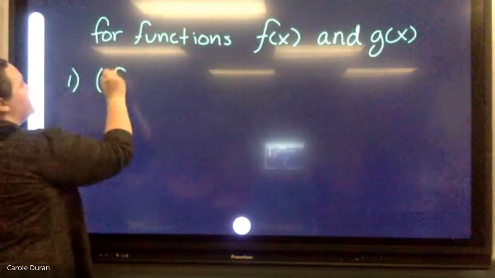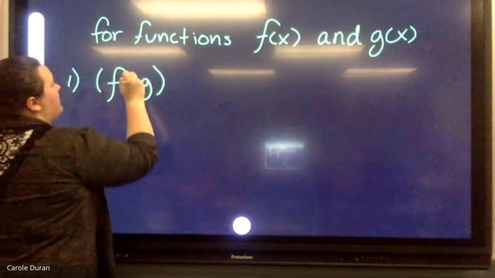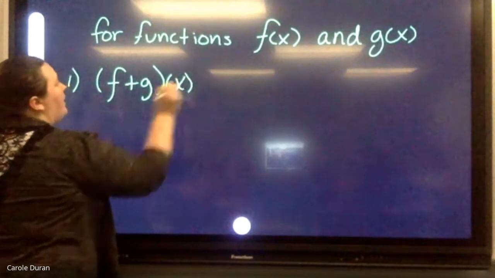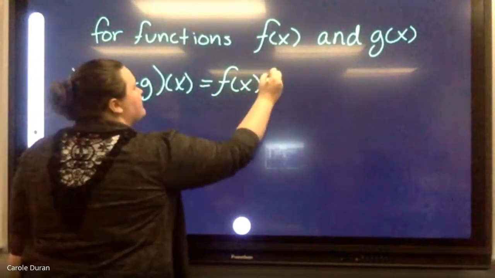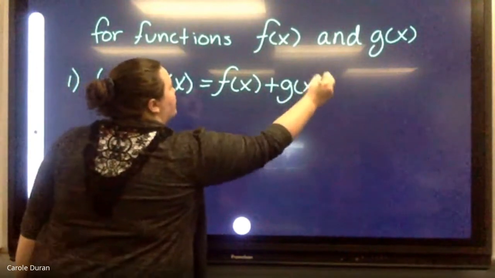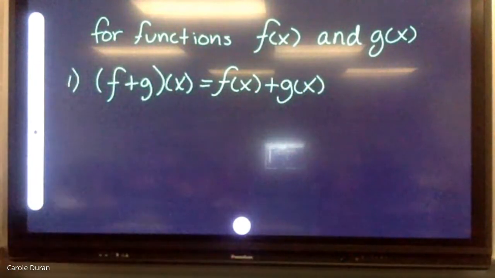We have some rules for putting these together. The first one is, if I am taking f plus g of x, this is the same as adding f of x to g of x in their original form and combining like terms. So whenever you see something that is f plus g of x, that is the same as f of x plus g of x, so adding their individual functions together.